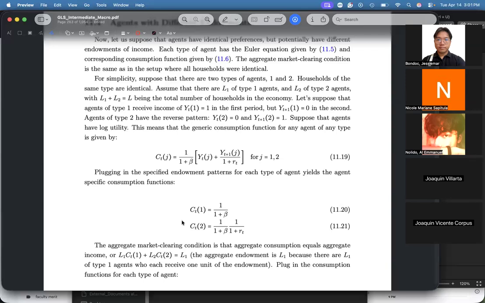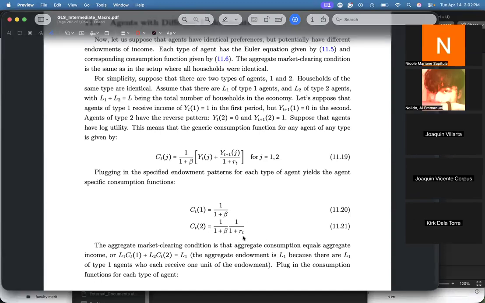CT1 yung mas malaki. Kasi si CT1, siya yung may pera today. Hopefully, I mean, that's super intuitive, right? Yung problema ni Agent 2, wala siyang pera today. Manghihiram siya kay Mr. 1. And dahil babayaran niya yun in the future, that's represented by 1 over 1 plus RT. So therefore, mas may babayaran siya.